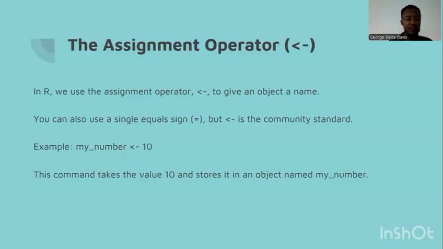We have an example. We assign the object 10 to my number. My number represents 10 here because we said that 10 should be stored as my number. So this command takes the value of 10 and stores it with the name my number.